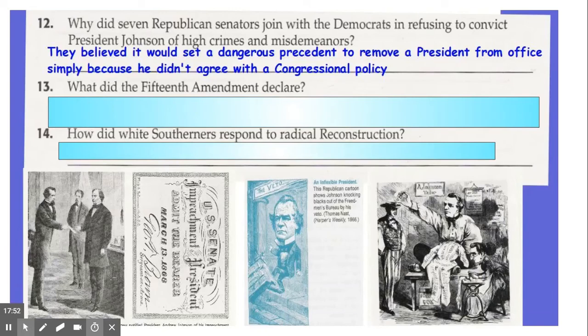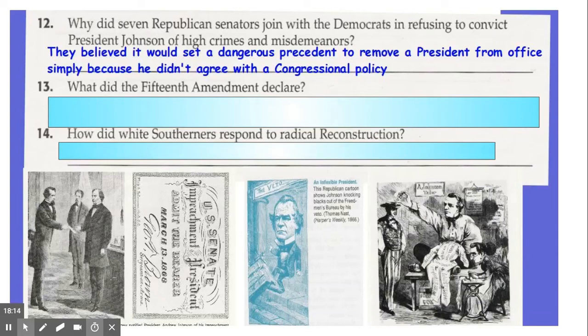So as far as our Republican senators who joined the Democrats, they believe that it would set a dangerous precedent to remove a president from office just because he didn't agree with the policy. And so our members of the Senate fell short of this conviction. Johnson finishes up his term. We have an election in 1868.